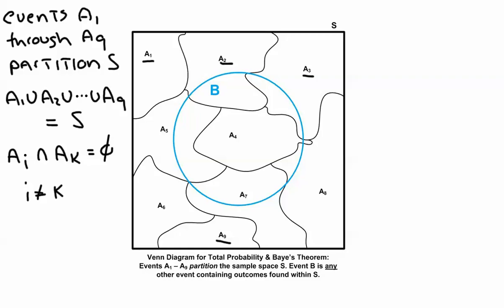All right? The events A1 through A9 have no overlapping elements, and they collectively exhaust the sample space S. B, for purposes of the discussion that we're about to have, is any other event. I've shown it here just as a blue circle. Could be any event. So B is any other event.